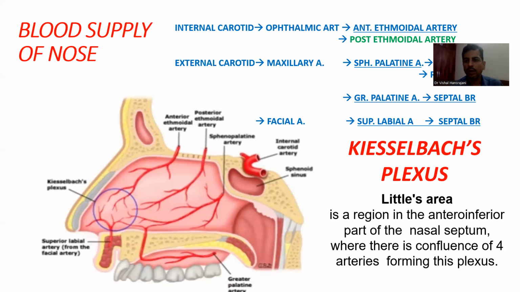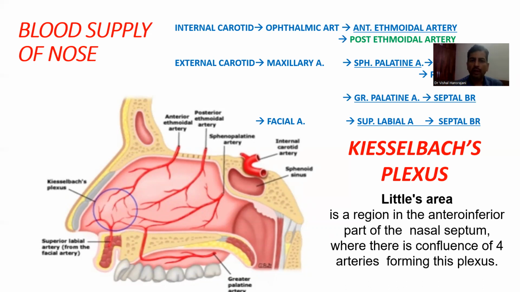Now, before understanding the etiology and pathophysiology of epistaxis, we need to understand the blood supply of the nose. The nose is supplied by both the internal as well as the external carotid artery.